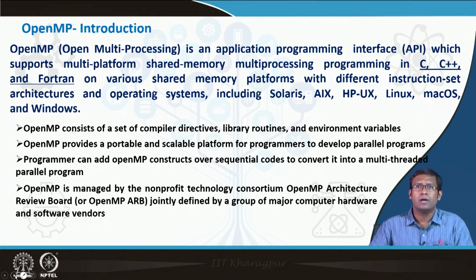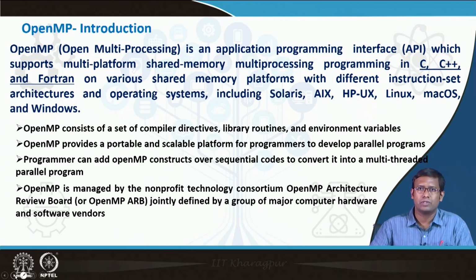So at a certain point of time, a consortium was formed between hardware and software vendors, because they are the people who have to sell it to a wider community, so that they can use parallel architectures as well as software for parallel programs. They formed this OpenMP review board, and this board sits down very frequently and finalizes different releases of OpenMP.